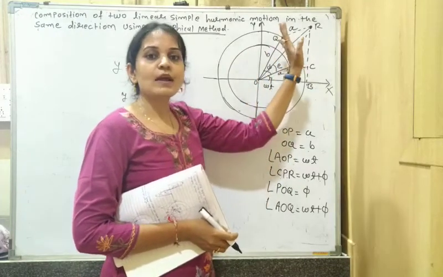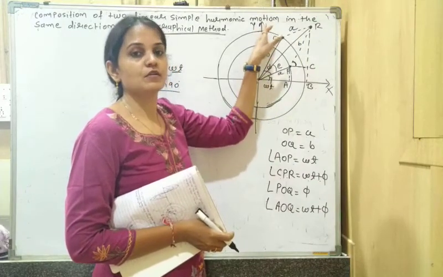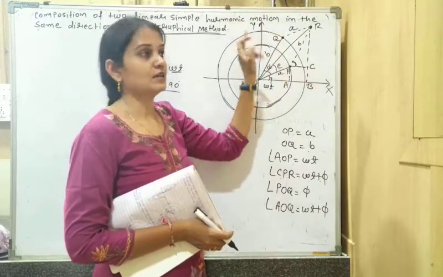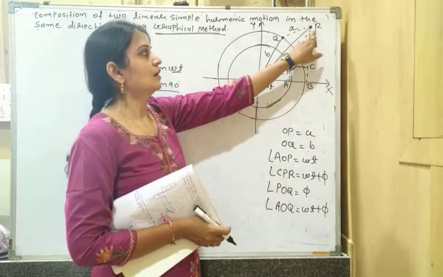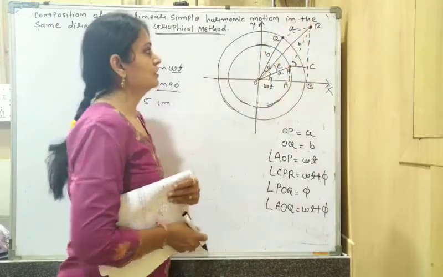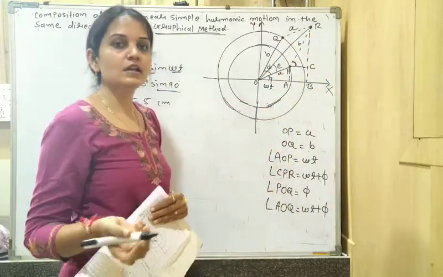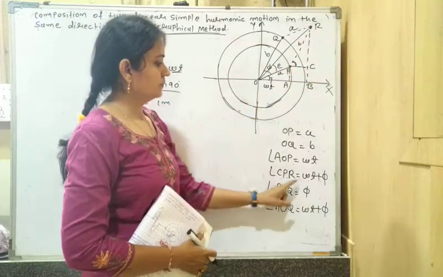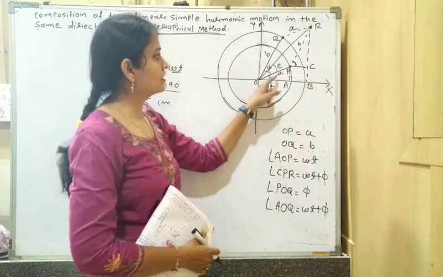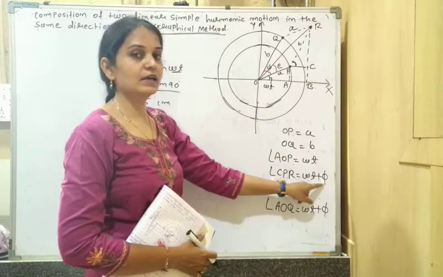We generate the parallelogram with the help of the combination of these two points, or the motion of these two particles, P and Q, and the resultant motion gives the point R. So this is our resultant vector or resultant theta. CPR is omega t plus phi, because of the summation of omega t plus phi. So that is omega t plus phi.